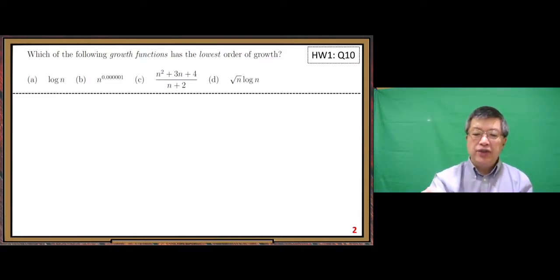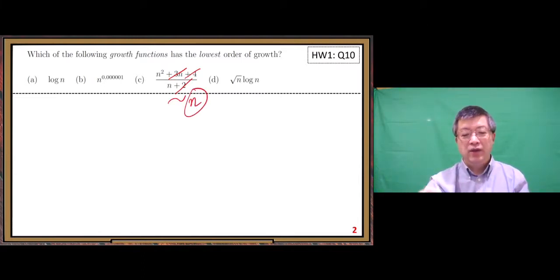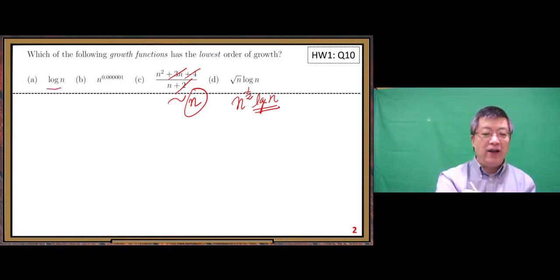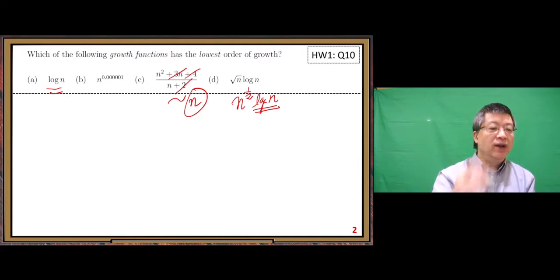First, when we talk about growth functions, we can ignore minor terms, right? So this is approximately n. So this one we just consider n. So this one, n to the square root, 1/2, right? But log n, we use it frequently. Here I like to give you the reference we used the last time.